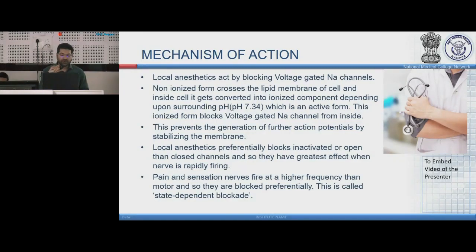Local anesthetics preferentially block inactivated or open channels rather than closed channels, so they have greatest effect when nerve is rapidly firing. Pain and sensory nerves fire at higher frequency than motor, and so they are blocked preferentially. This is called state dependent blockade.